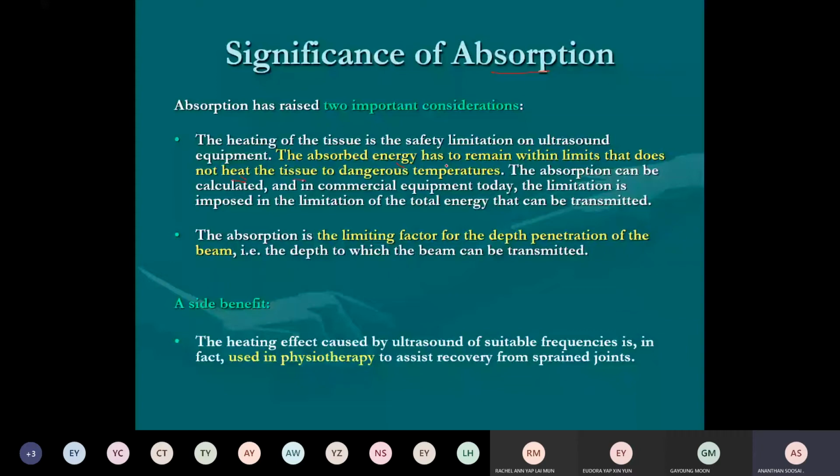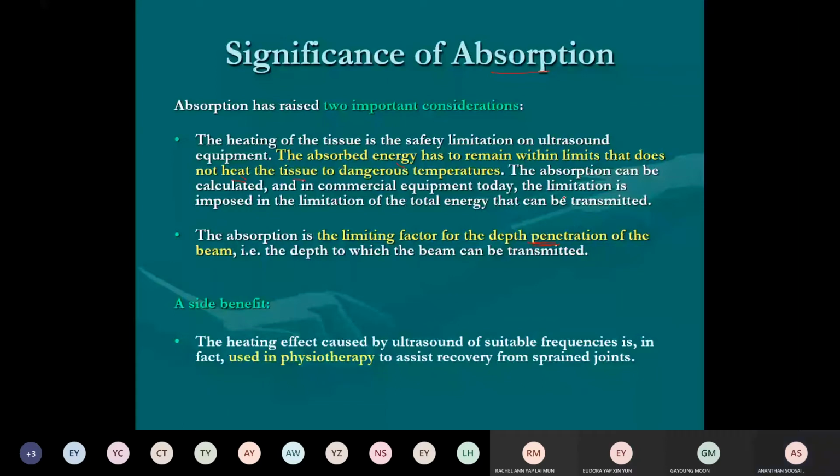The absorption is the limiting factor for the depth of penetration. We don't want to give a very high frequency. A lot of ultrasound absorbed can damage the tissue sometimes, but very rarely. Ultrasound is quite a safe scanning technique.